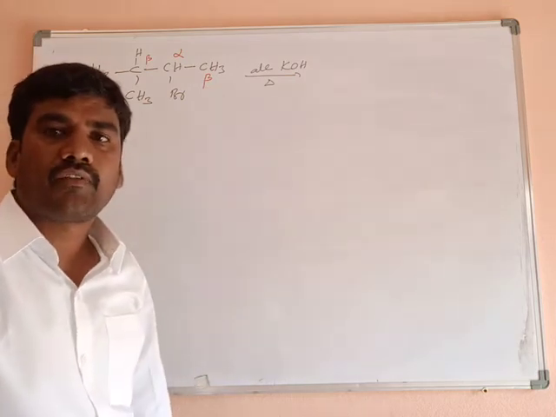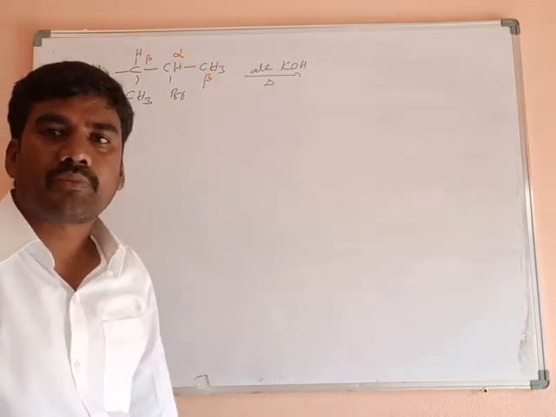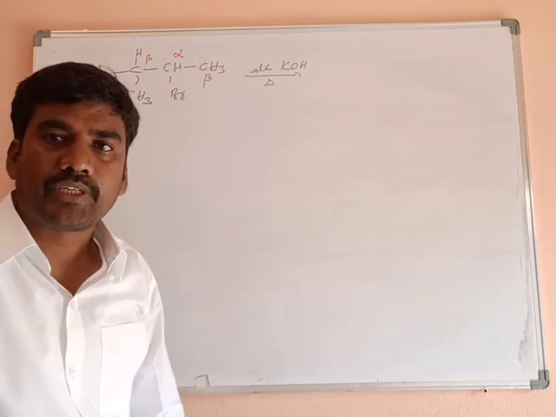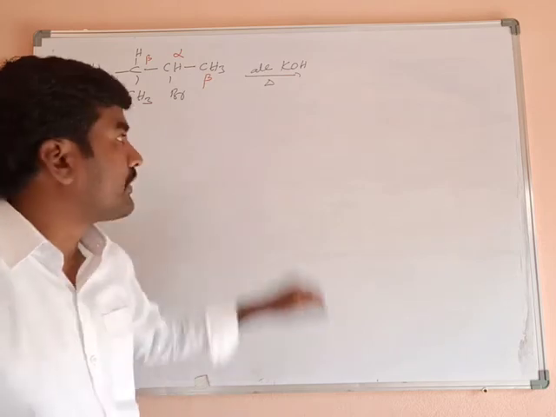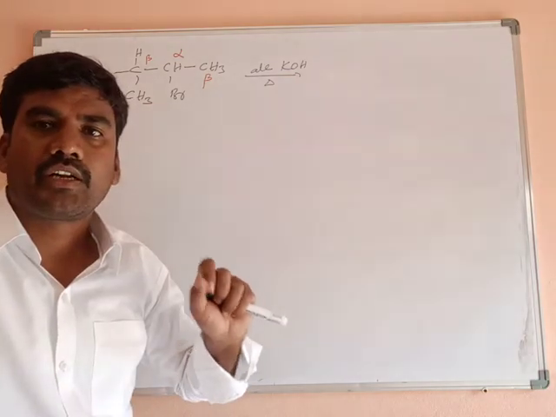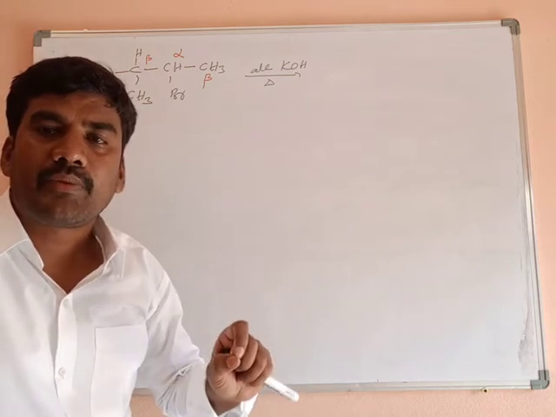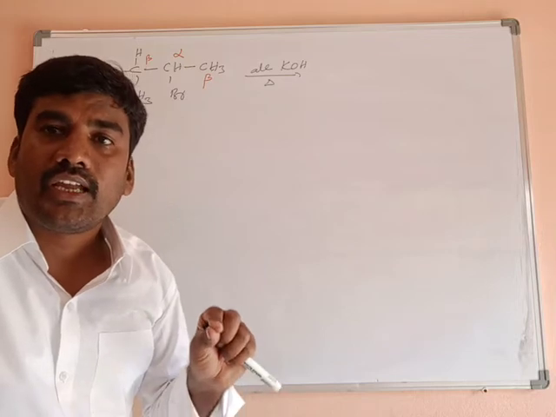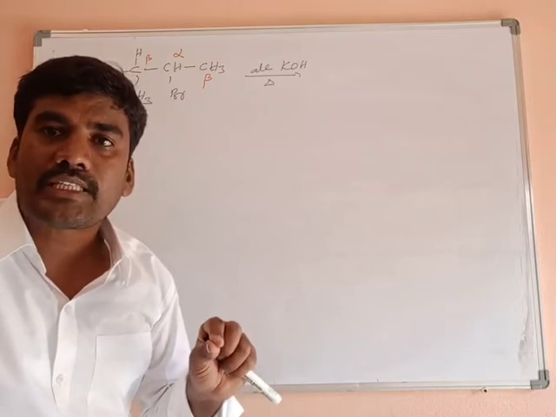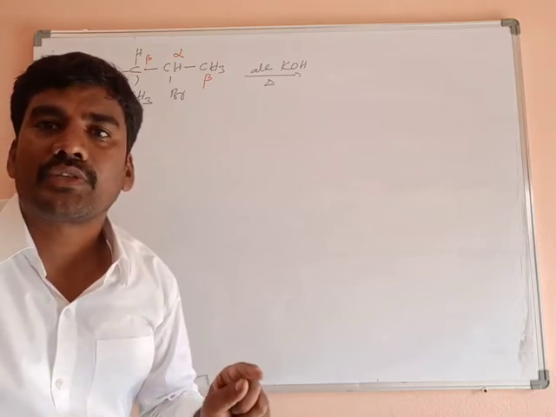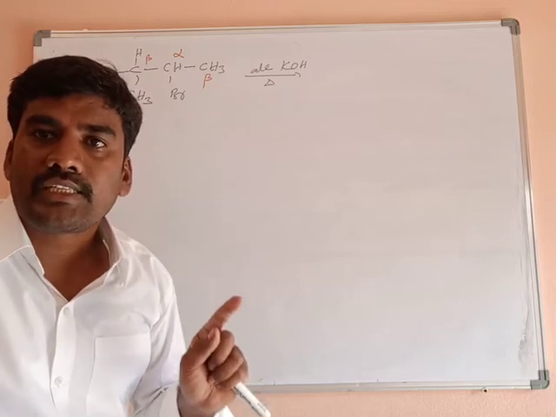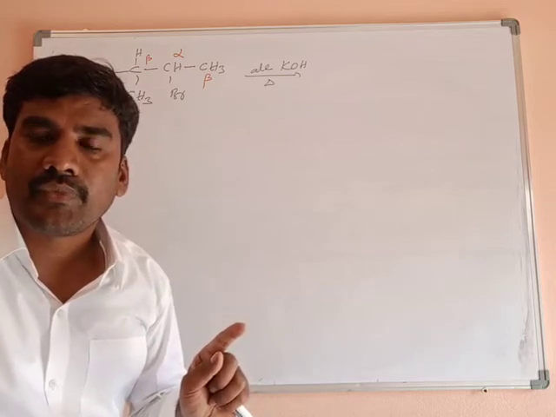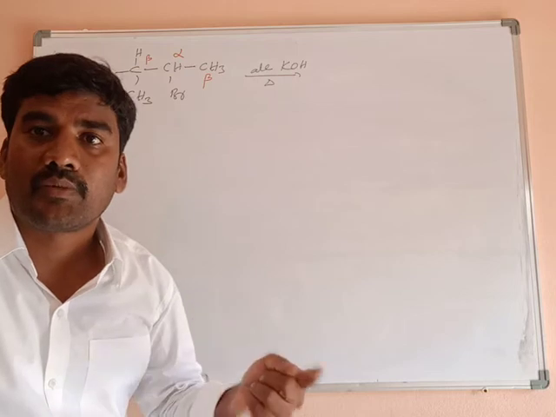Which is more favorable? Which is the major product and which is the minor product? To conclude, the Saytzeff rule is there. According to the Saytzeff rule, if there is a possibility of formation of two or more compounds, the elimination of hydrogen atom takes place from the carbon with fewer hydrogens, or the more substituted carbon.